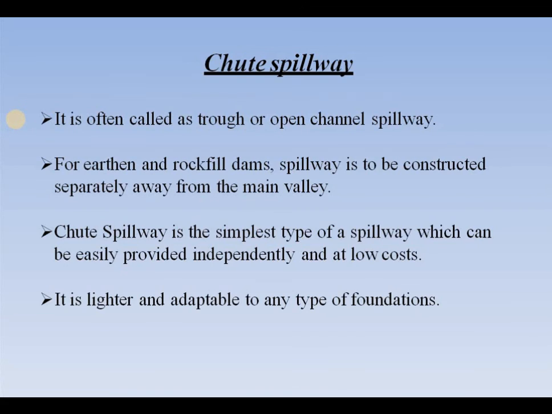So a chute is sometimes of a constant width, but usually narrowed for economy. So this spillway is the simplest type of spillway which can be easily provided independently or at a low cost. So it is lighter and adaptable for any type of foundation.